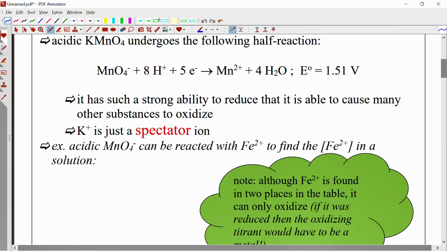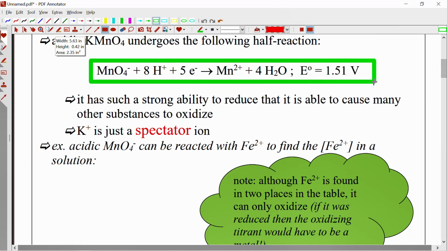So acidic permanganate undergoes the following half reaction. Now, this reaction is exactly the reaction that we see in our table. It is the fourth reaction from the top, at a voltage of 1.51 volts.